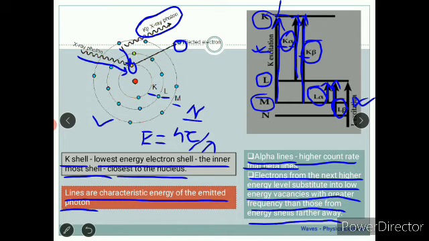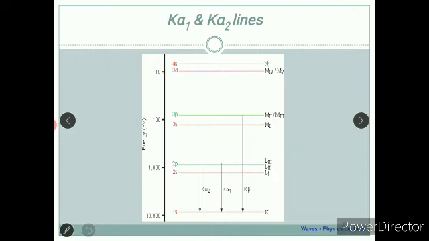Okay, but after that we need to know what the alpha 1 line and alpha 2 line are. Now if you look into the shell model, these energy levels can be split up because of the Pauli exclusion principle, and if there are heavier atoms, more electrons need to be accommodated. So if you consider the L shell, we are going to have two levels here which are very close to each other.